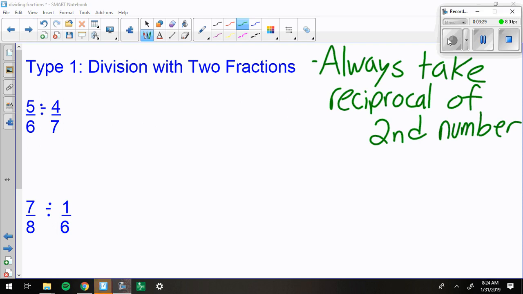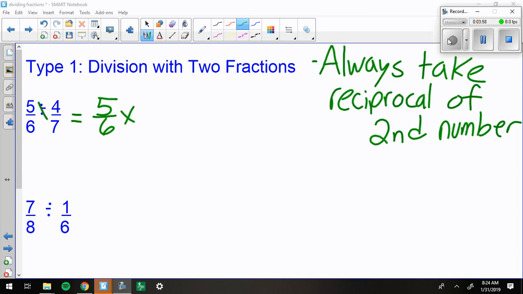So for this problem, 5/6 divided by 4/7, I would keep my 5/6 the same and change my division to multiplication. It's so important that you rewrite the problem, because you might end up still keeping that division and you'd be very, very confused. 5/6 stays the same.